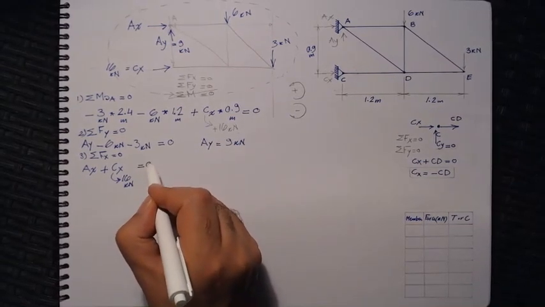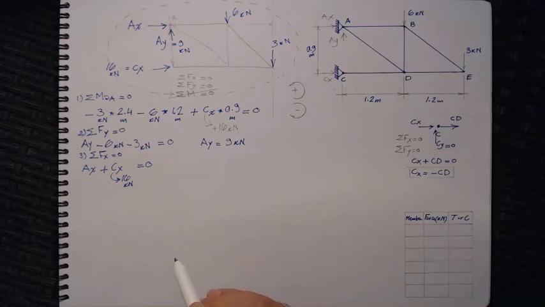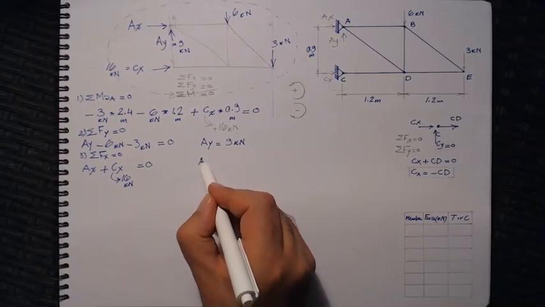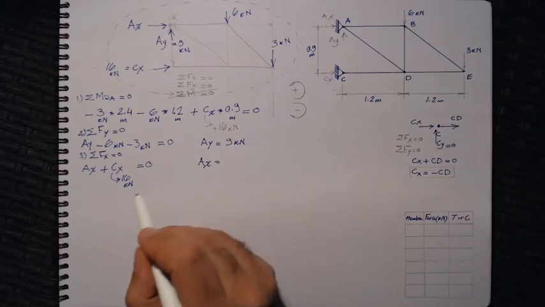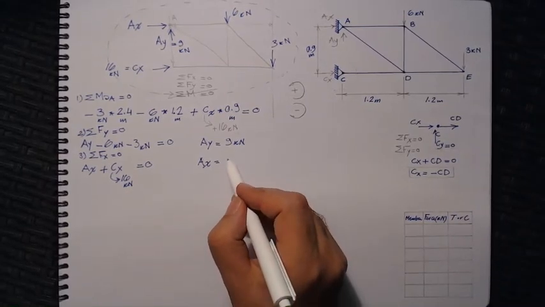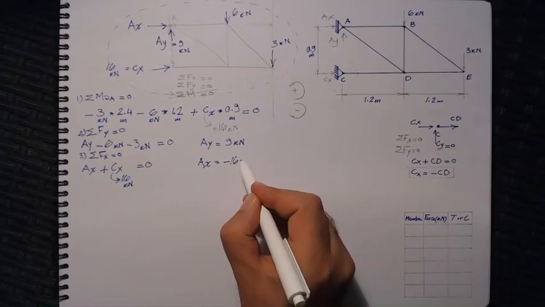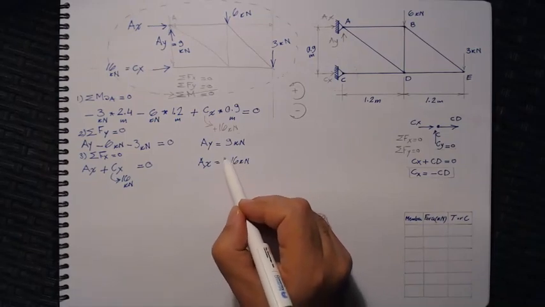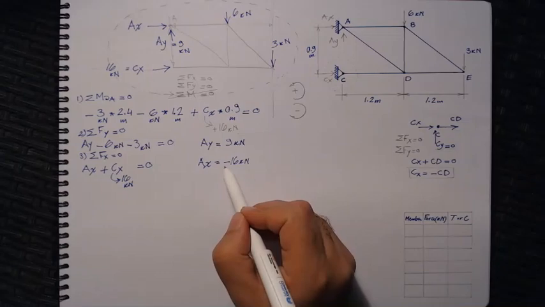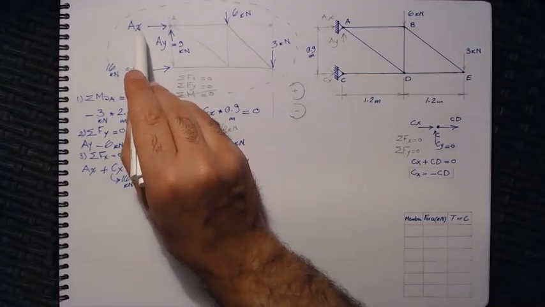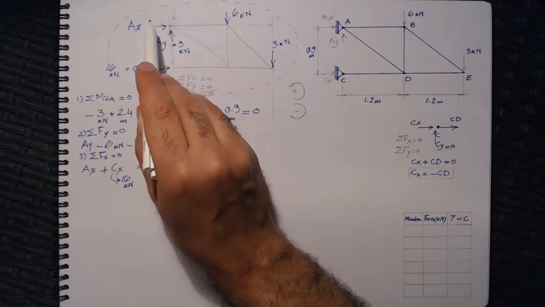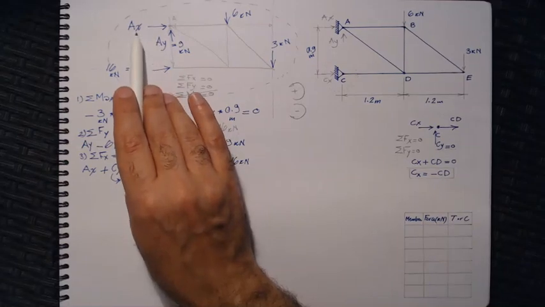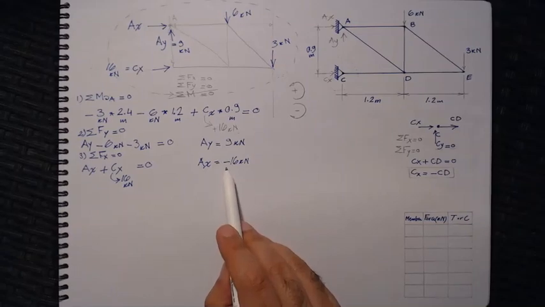So in order for this to equal 0, this means that AX is actually negative 16. Negative 16 kilonewton. So what does that negative sign mean? It means that AX is actually not going this way. It's going the opposite direction. So if you want to keep the arrow like this, the magnitude of AX has to always be negative 16.